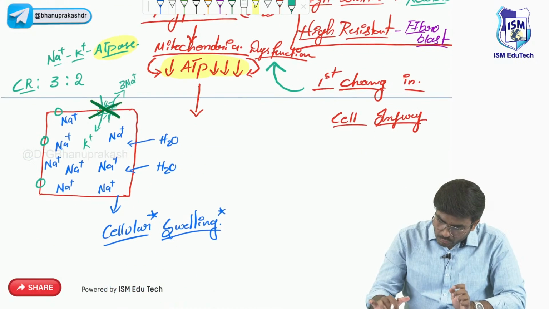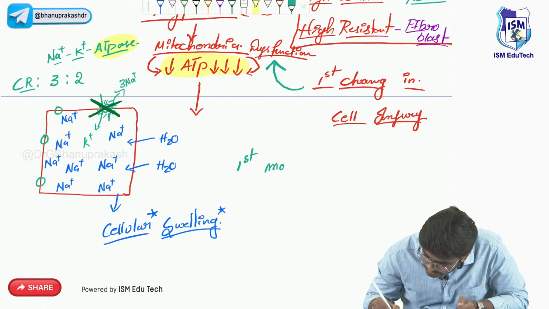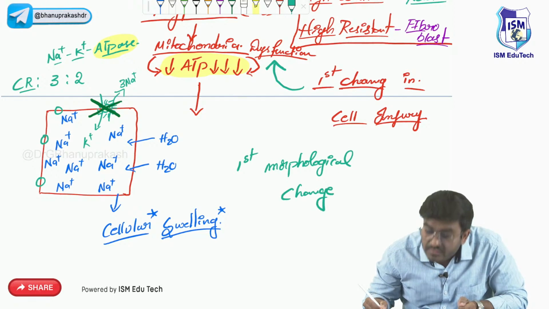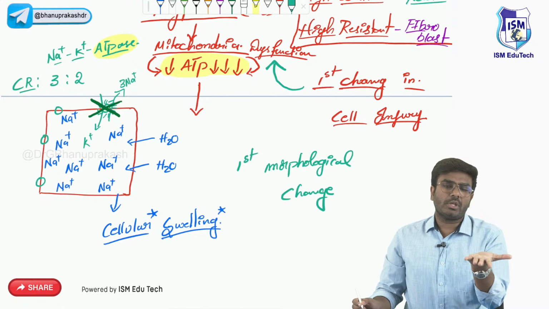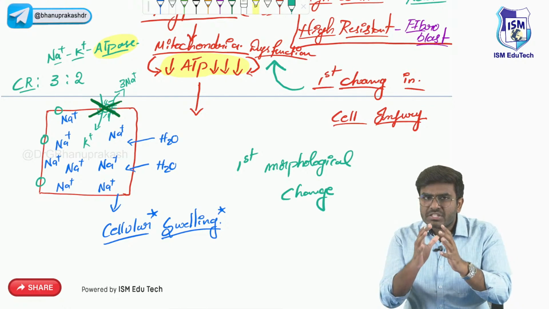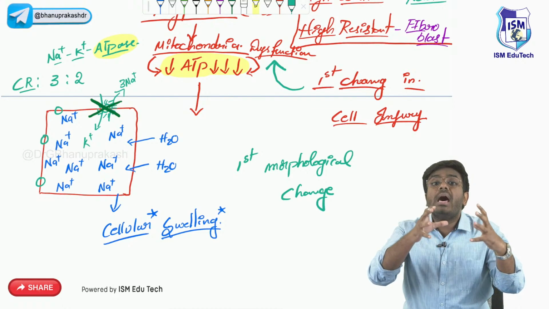But if they ask you what is the first morphological change, morphological change means which will be appreciated with your eye, which will be seen on the histopathology. Now cell is increasing in size, that is the cellular swelling.